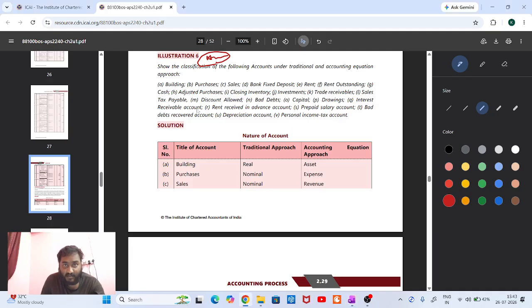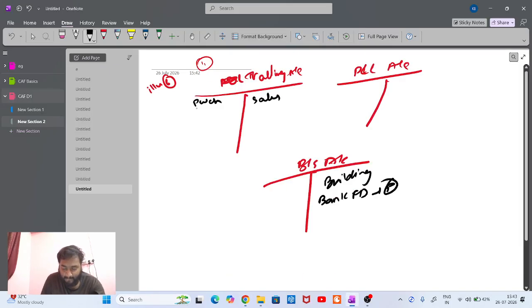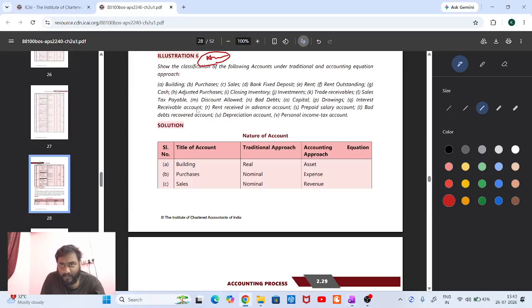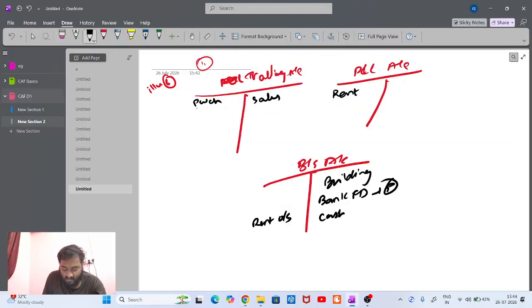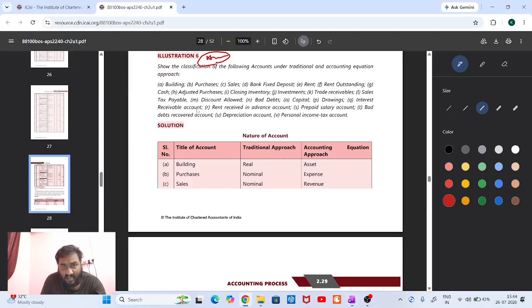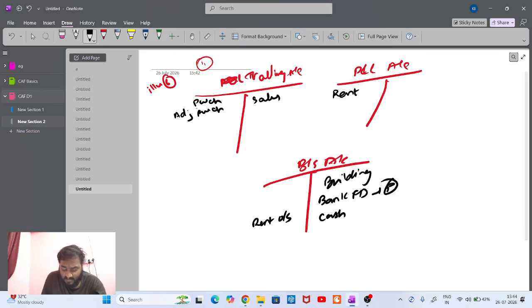Just to keep this in mind. Rent, even then. Indirect expense to us. Rent outstanding. Liability. We have been talking about this. Cash. Asset. Purchases again. Adjusted purchase or purchase. We'll talk about this later. Closing inventory. Asset to us.